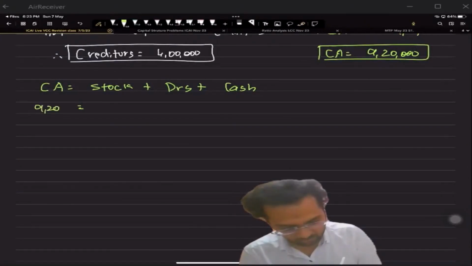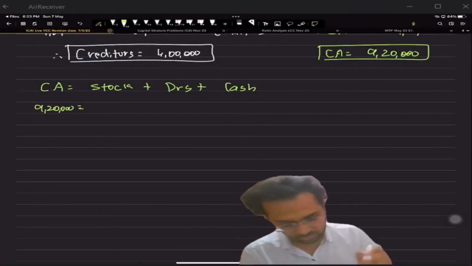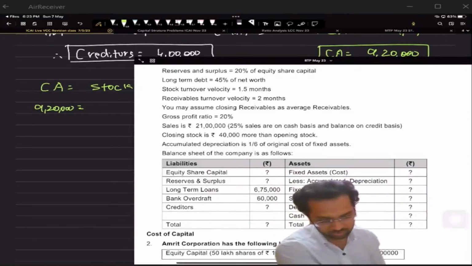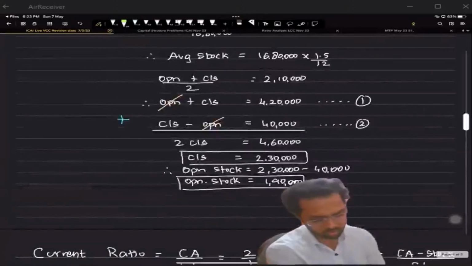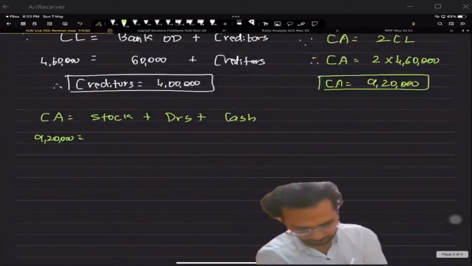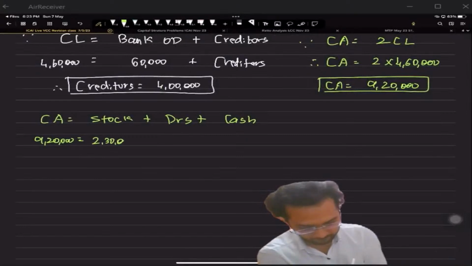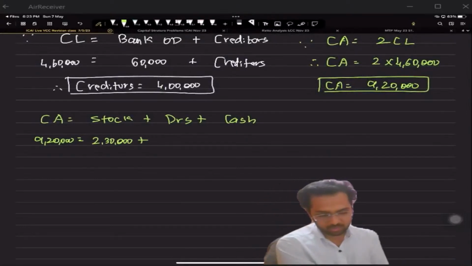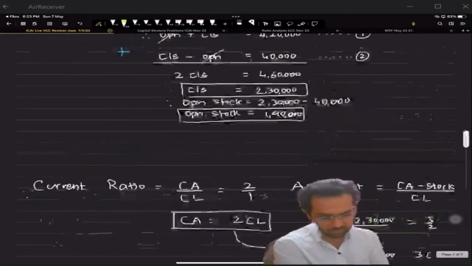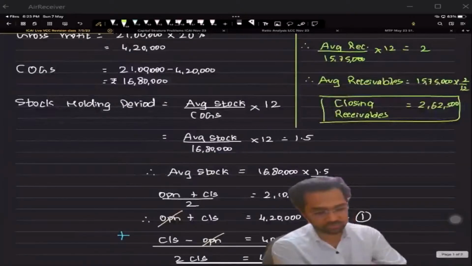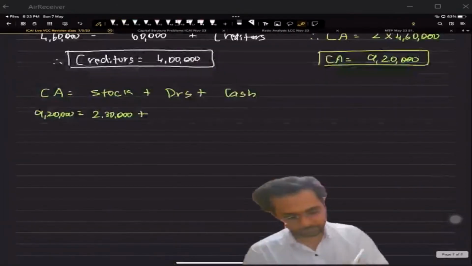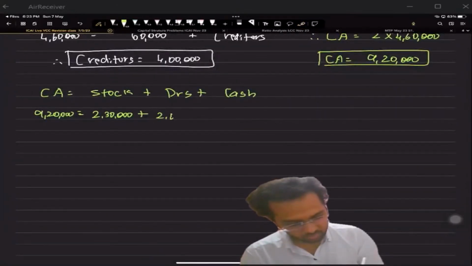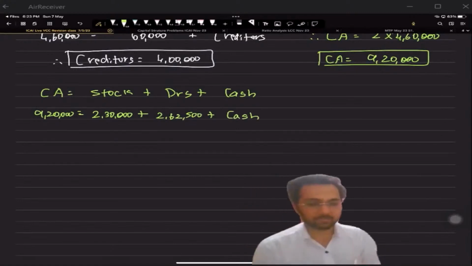This is 9,20,000 current assets is equal to closing stock of, we have computed closing stock to be 2,30,000 plus debtors. We have also computed the debtors or the receivables. Closing receivables is 2,62,500, and then plus we also have the cash balance.